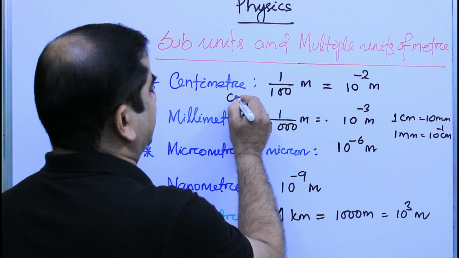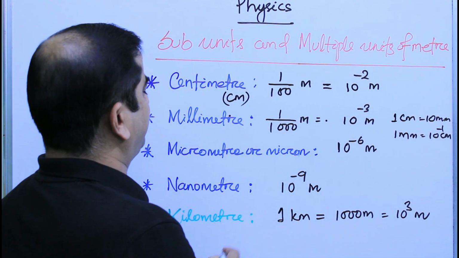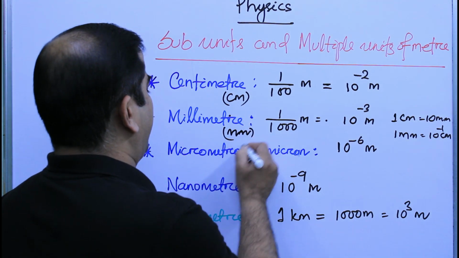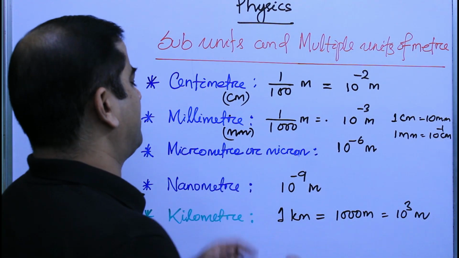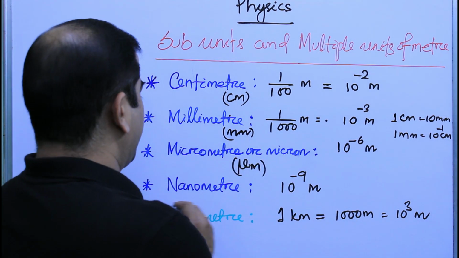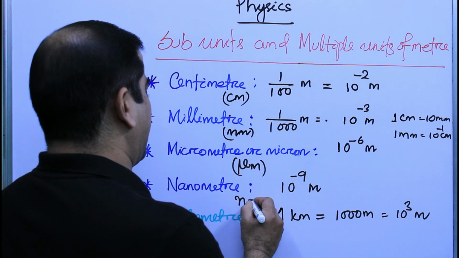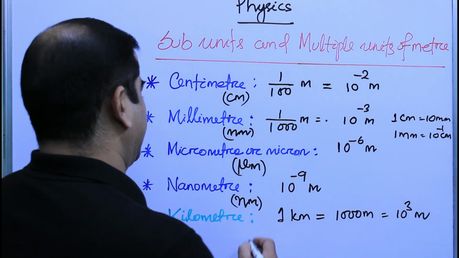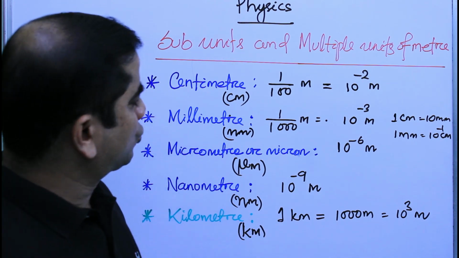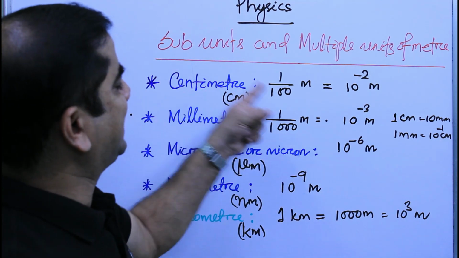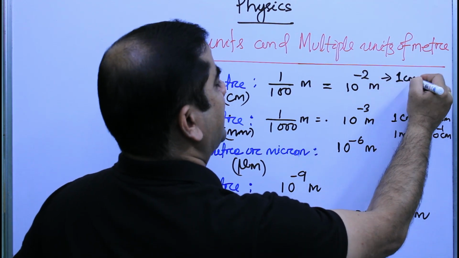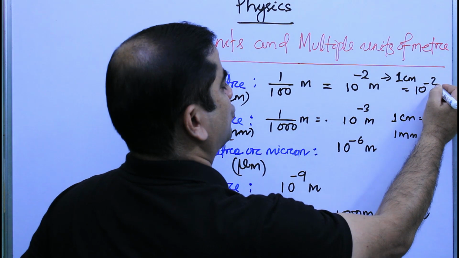So these are the subunits and multiple unit of meter, and we can represent them in the shortest form: centimeter as cm, millimeter as mm, micrometer or micron as μm, nanometer as nm, and kilometer as km. So we can write that 1 centimeter is equal to 10 to the power minus 2 meter.